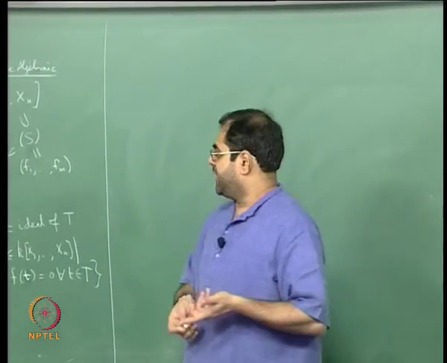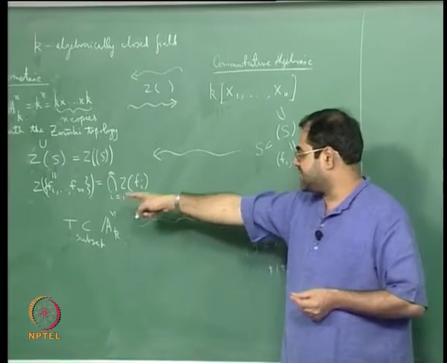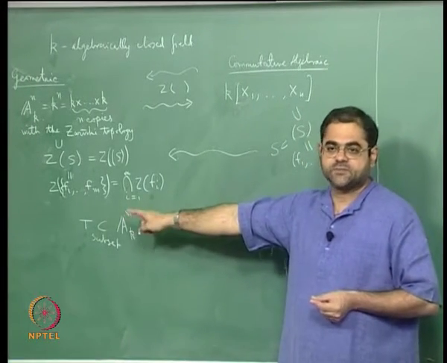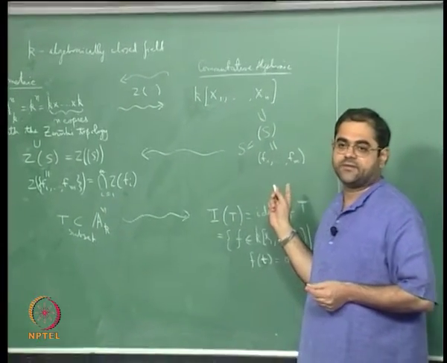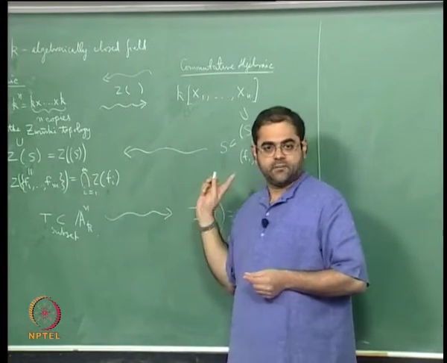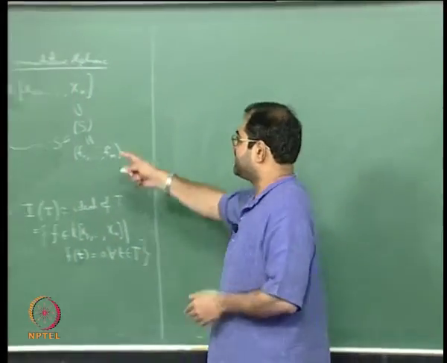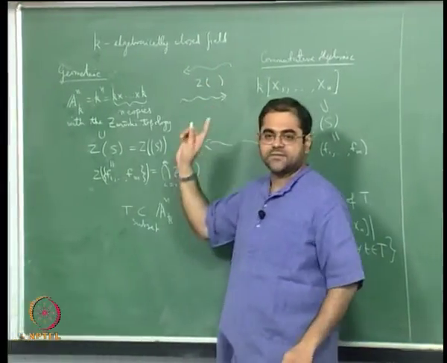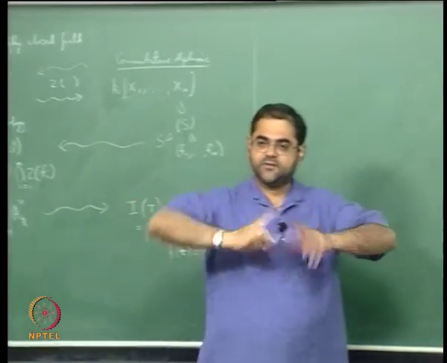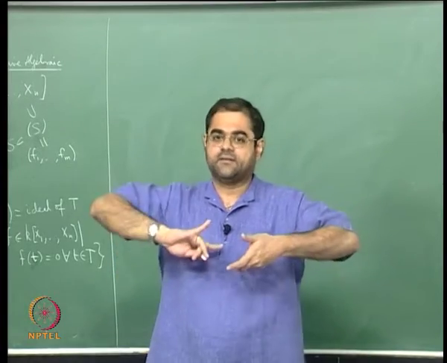Okay, see, on both sides you have subsets. Only thing is here the special subsets that we are interested in are closed subsets, and here the subsets that we are interested in are ideals. Okay, but nevertheless inclusion makes sense on both sides as a partial order. Okay, and what I want to say is that both of these associations, they are not order preserving, but they are order reversing.